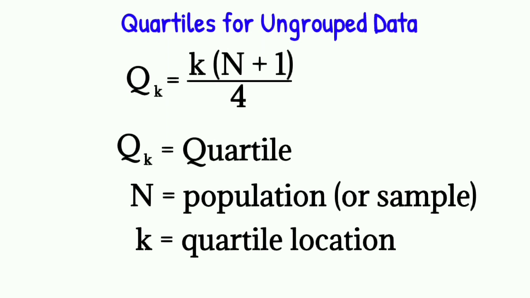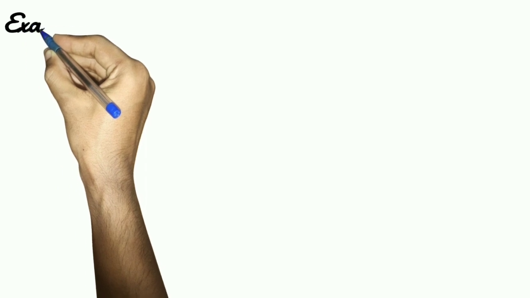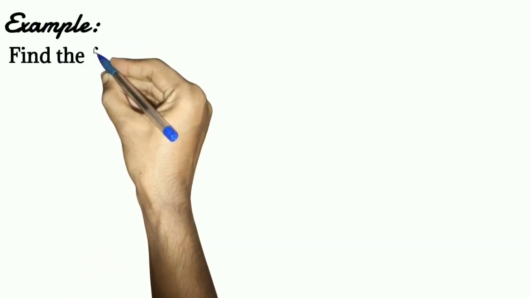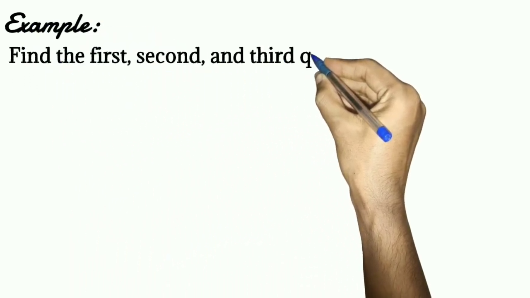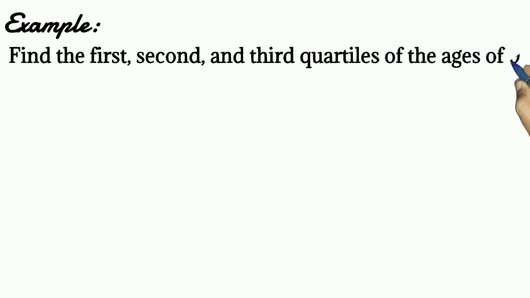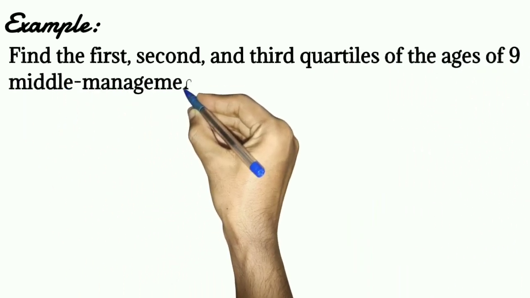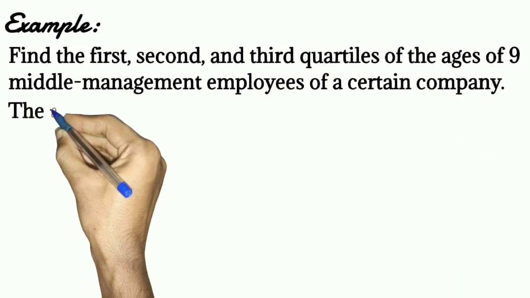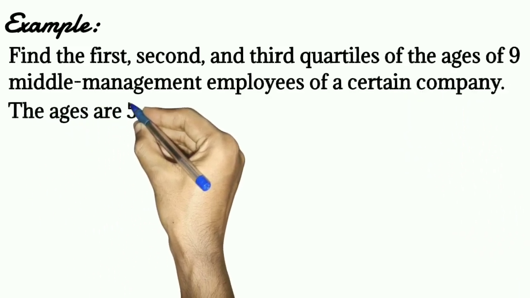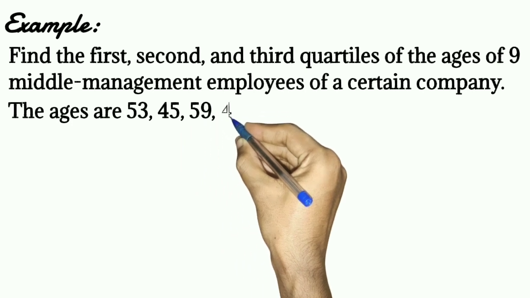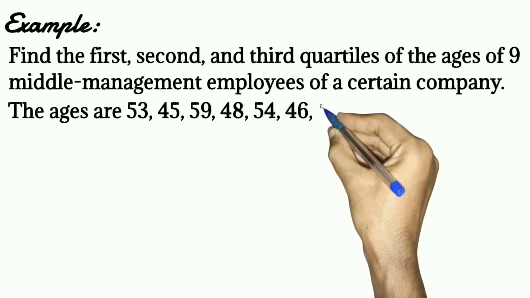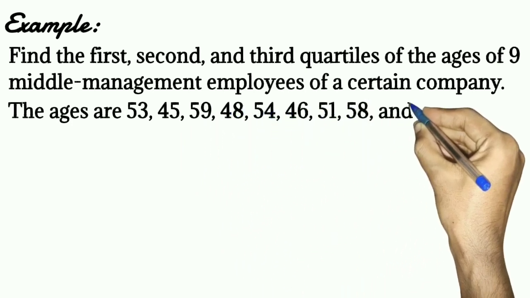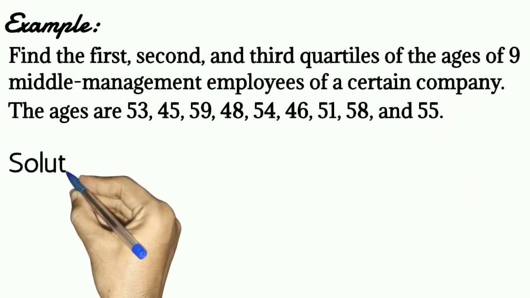Okay, let's now apply the formula. Find the first, second, and third quartiles of the ages of 9 middle management employees of a certain company. The ages are 53, 45, 59, 48, 54, 46, 51, 58, and 55.